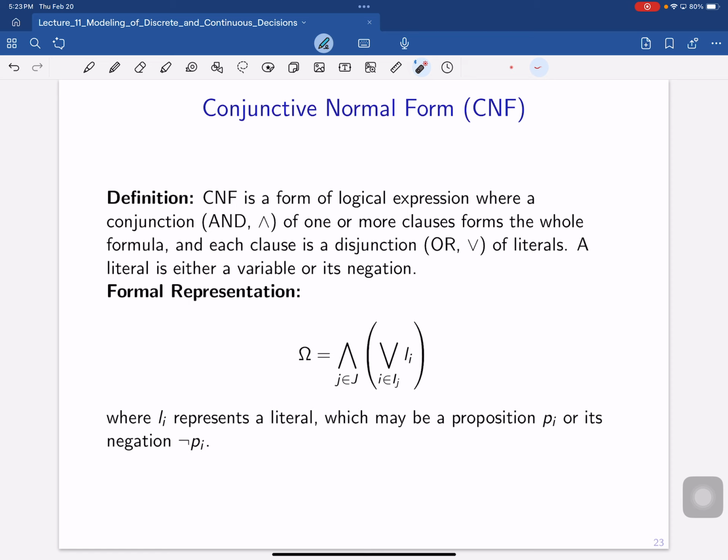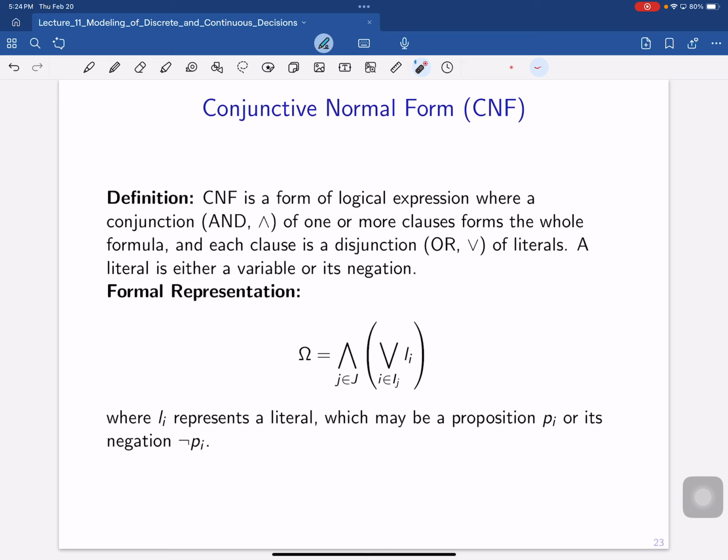Okay? So let me first show you, if I have some logic conditions already represented in CNF, how do we translate it into 0-1 variables? Okay. So a CNF is the following. You have basically a conjunction over disjunctions of literals, right? A conjunction means you have the "and" operator in the outer loop, right?